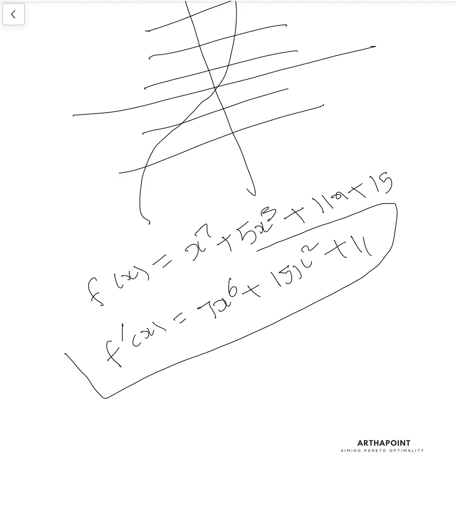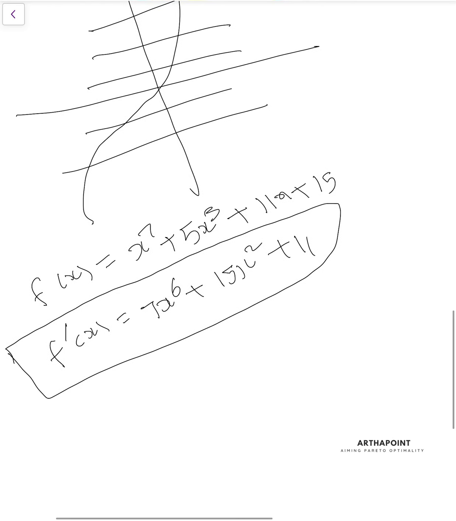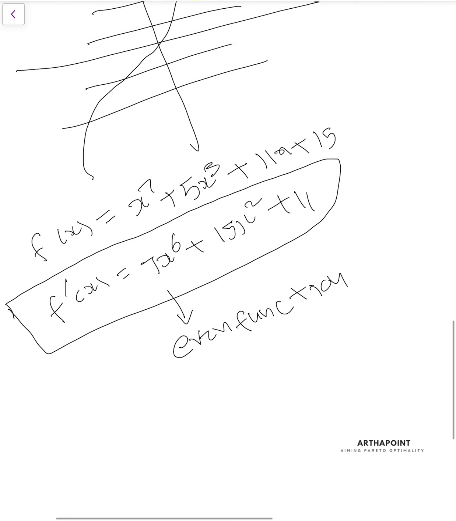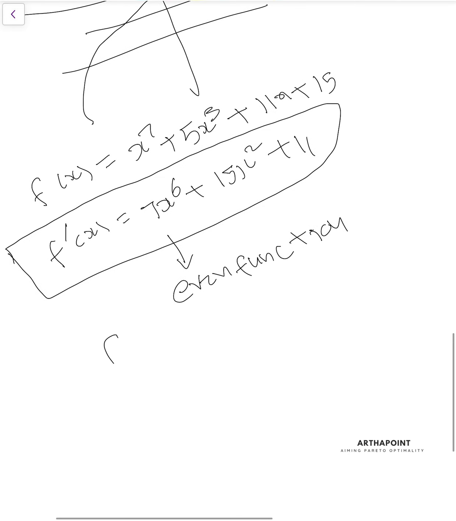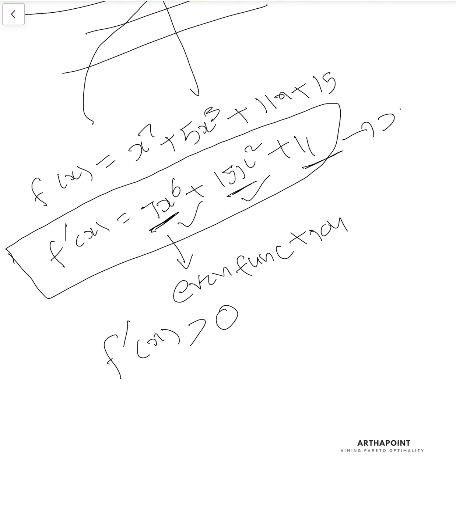Now look at this function. This is an even function. And in case of this even function, f dash x will always be greater than 0. Whether you take positive value of x or negative value of x, these both will remain positive, plus 11. So this will always be greater than 0.